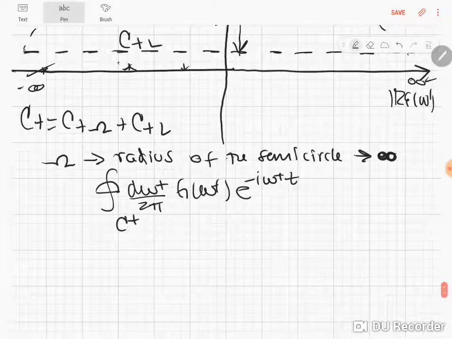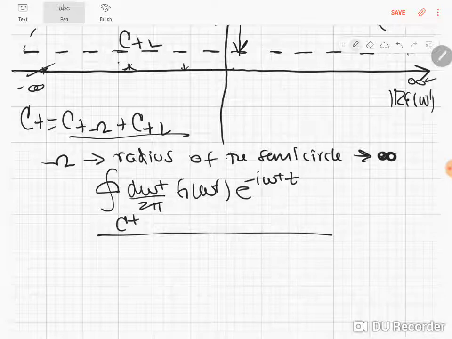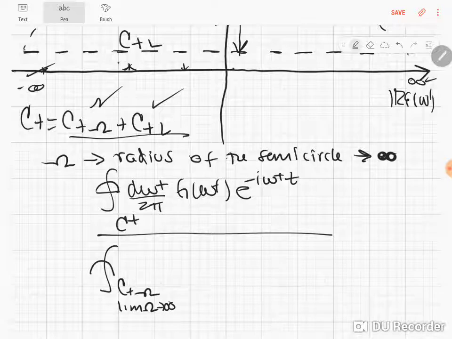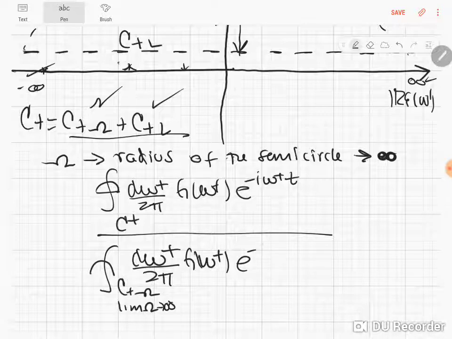And since C plus is the sum of these two contours, this integral is equal to the sum of two integrals over each of these contours. So this is equal to the sum over this contour, which is C plus omega, with the limit for omega tending to infinity, of d omega plus divided by 2 pi g of omega plus e to the minus i omega plus t.